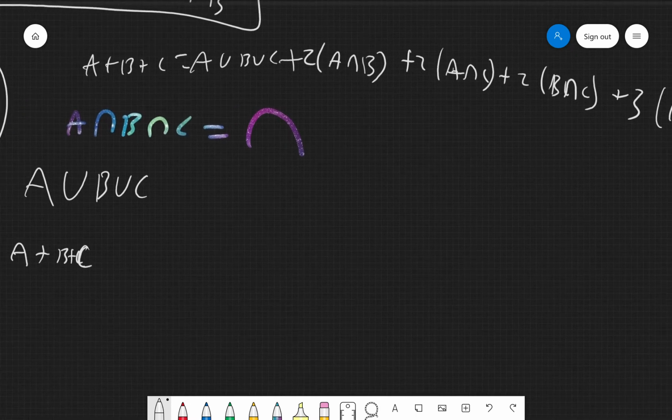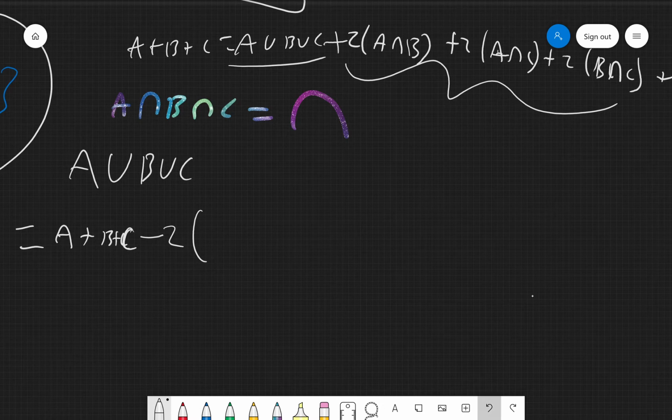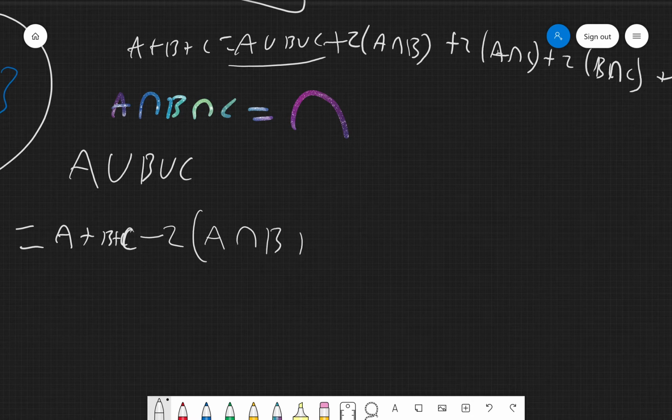So now, if you're solving for this, we have to subtract all of that. So we say that that's equal to A plus B plus C minus 2 times, you can factor out a 2, A intersection B plus B intersection C plus A intersection C, minus 3 times the big intersection.